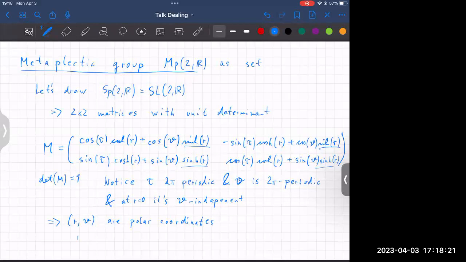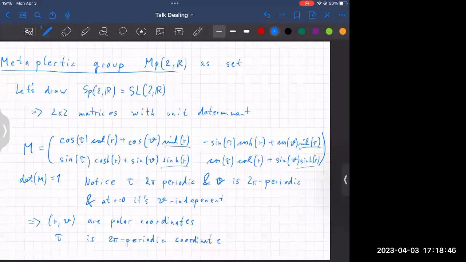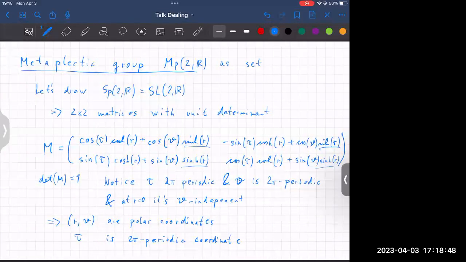And tau is a circle coordinate, so it's a 2 pi periodic coordinate. So what do we get if we combine a circle with a plane? Let's try to draw it.